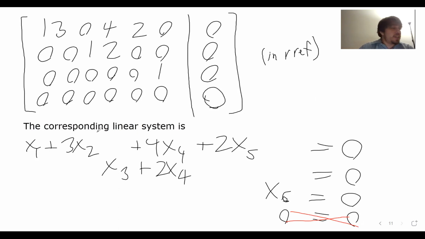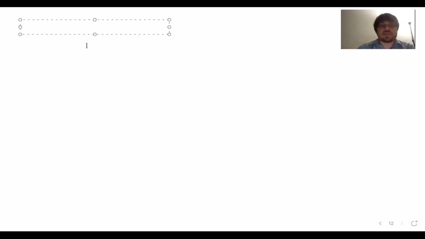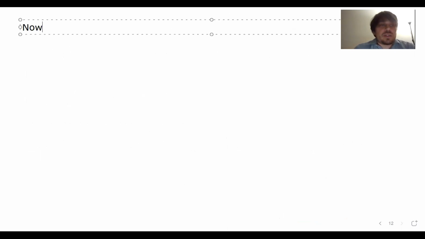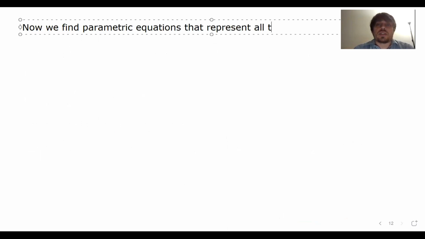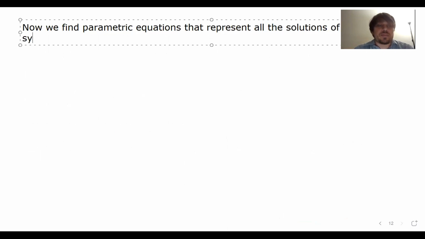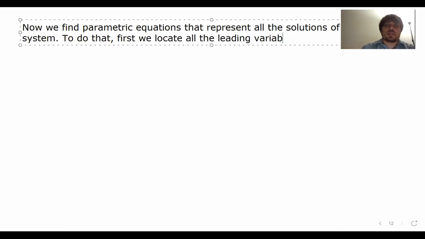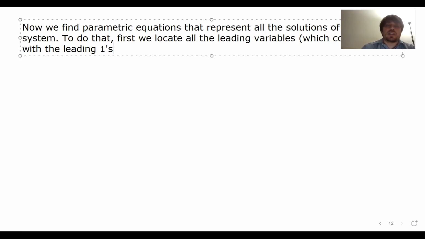Now we look at the system, and we're going to find the parametric equations that express all the solutions of this linear system. To do that, first we locate all the leading variables, which correspond with the leading ones from the matrix. Then we see that all other variables are free variables.